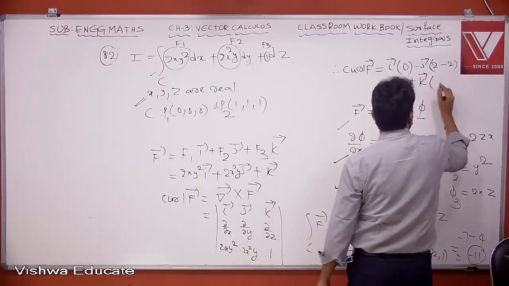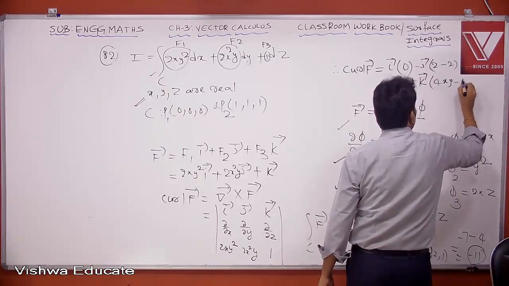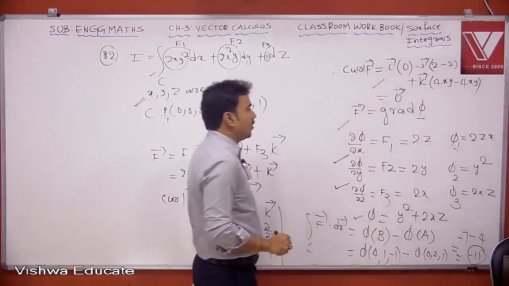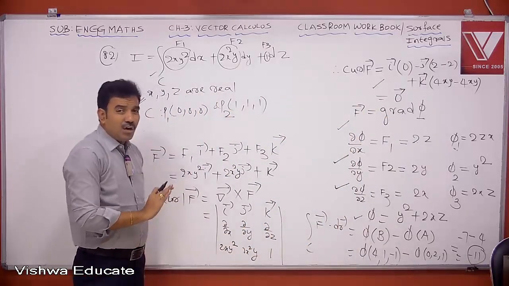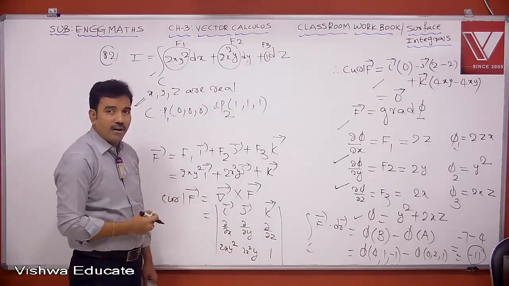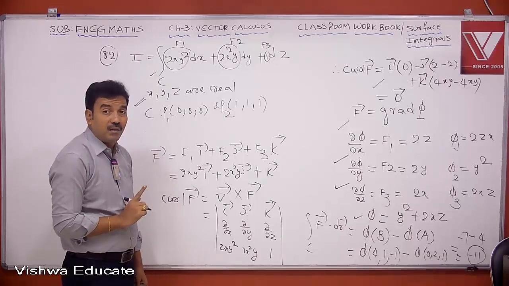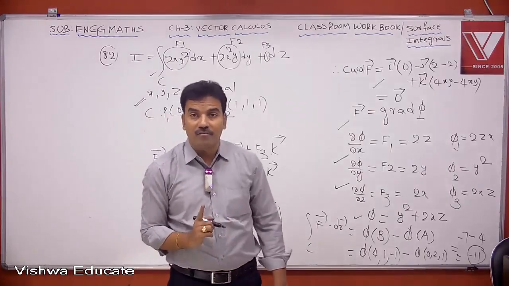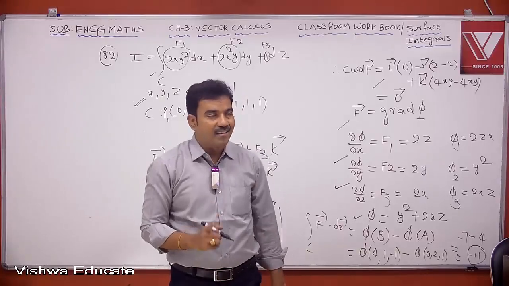So this quantity is 4xy minus 4xy, and anyhow we are getting the null vector. So here also we were very happy because curl F bar equals the null vector. The difficulty comes when curl F bar is not a null vector. In that case, we cannot apply the fundamental theorem on line integrals.